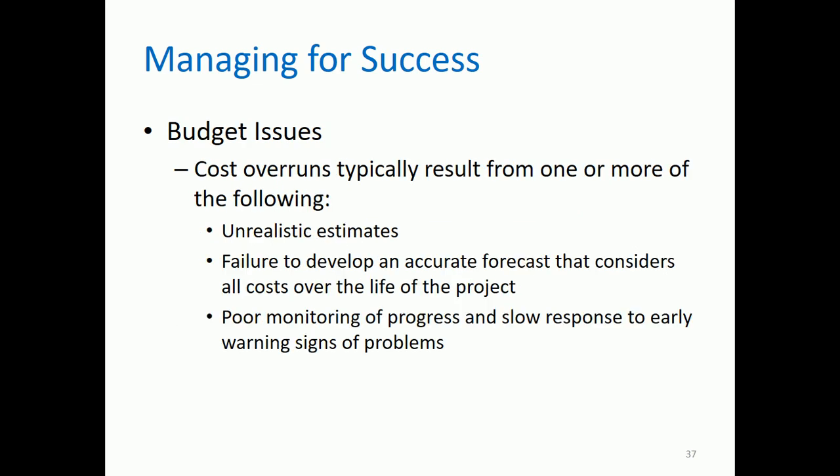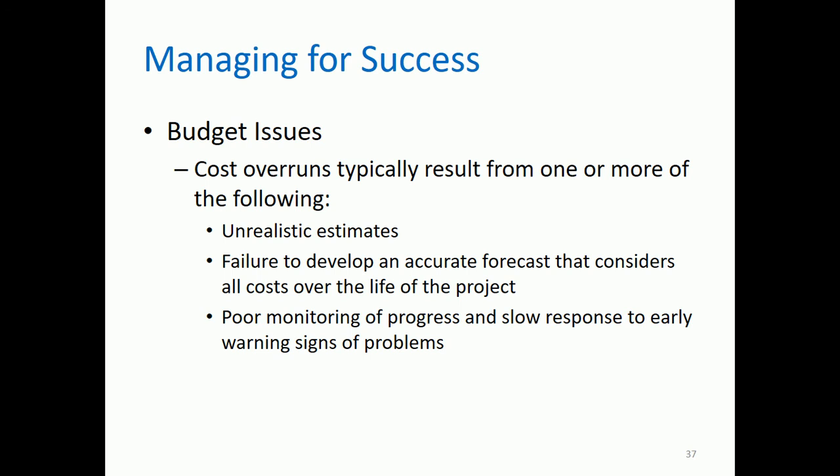Okay, next we have the budget issues. Cost overruns typically result from one or more of the following. First is unrealistic estimates, where the cost of the information system was not properly estimated. Then failure to develop an accurate forecast that considers all costs over the life of the project.